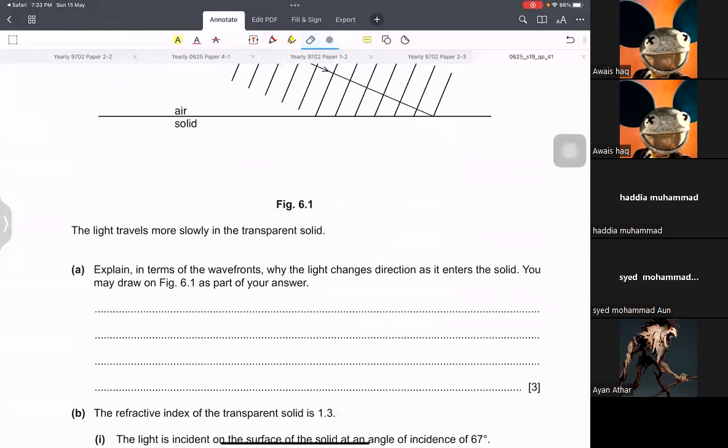Okay, so it changes direction whenever something goes from one, like, say, in terms of wavefronts, that's what they're asking. That's important.